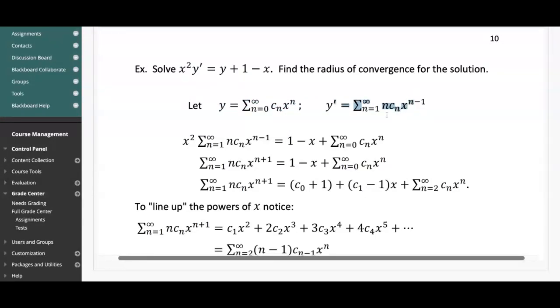Then the derivative is this. Then plug back into this differential equation. We get x squared times y prime equals 1 minus x plus y.